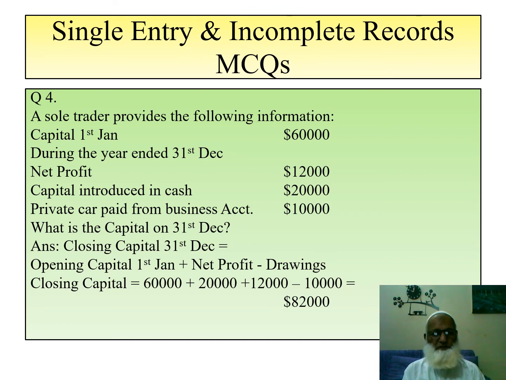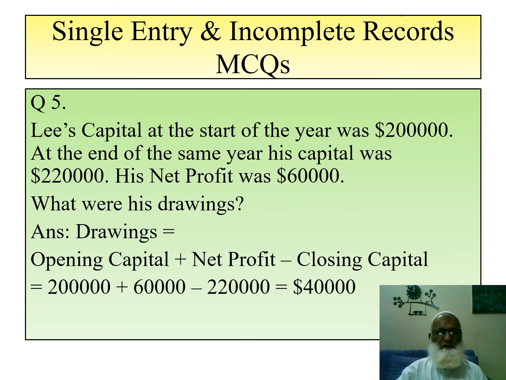Opening capital was 60,000, and the additional investment or capital introduced in cash was 20,000. So this has to be added, and plus 12,000 is the net profit, minus 10,000, that is the purchase of the assets, is equal to $82,000. That is the closing capital for the year. Now we go to almost the last slide.